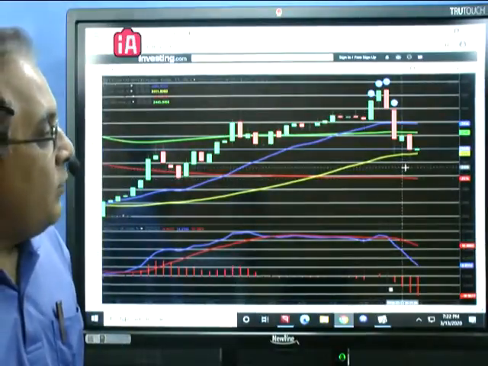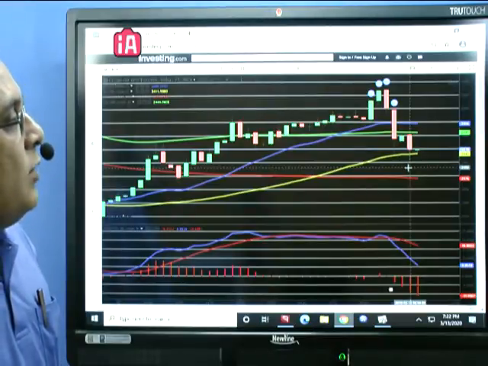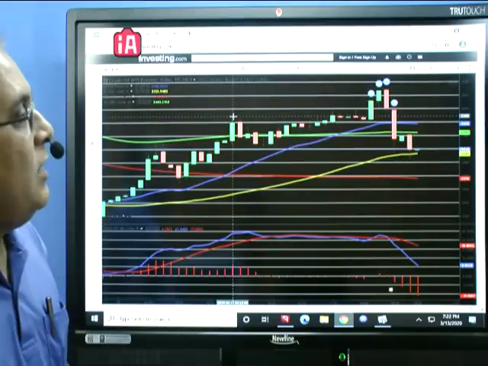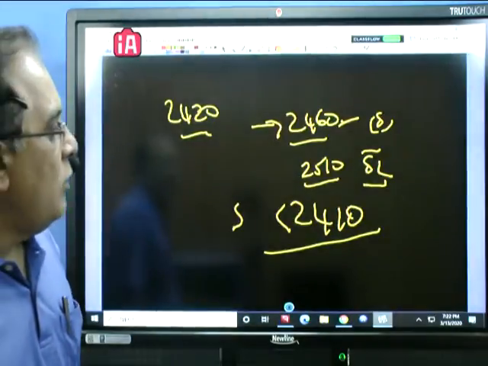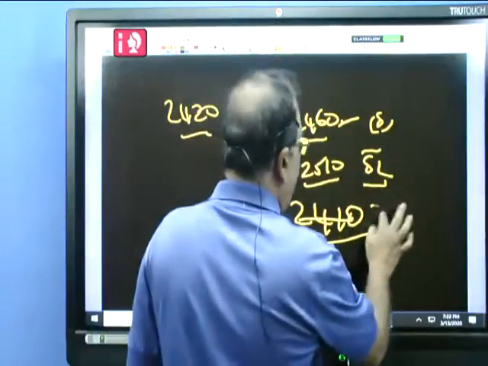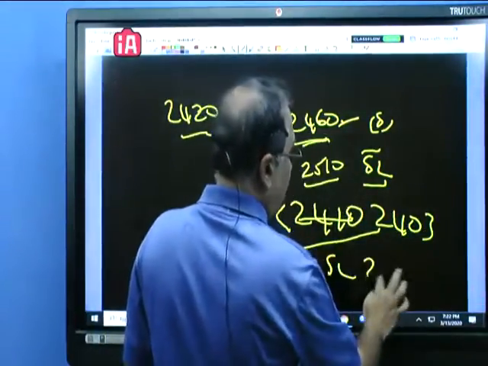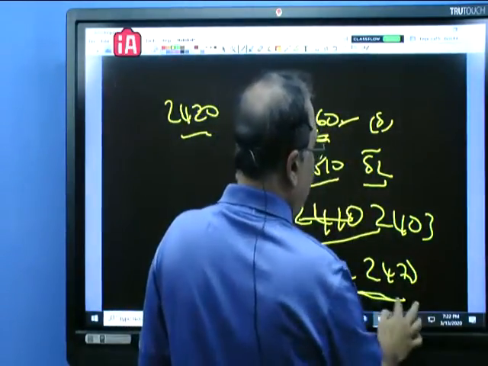So if you want to short below 2403 or 04, then keep 2460 as a stop loss, this high of 2465 or 2470 as a stop loss for you. So if you're going to go short below say 2403, then the stop loss which comes is around 2470. This is 2460 I told you short, but here you can keep stop loss of 2470.